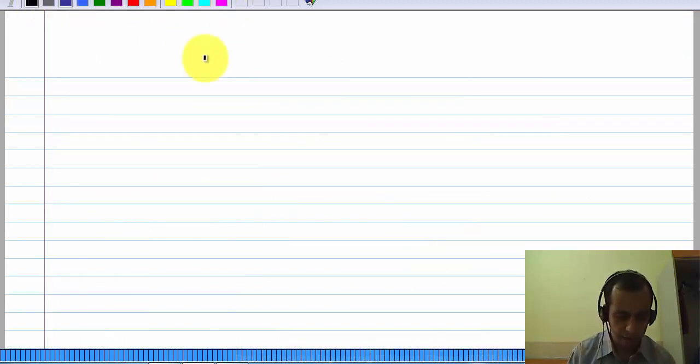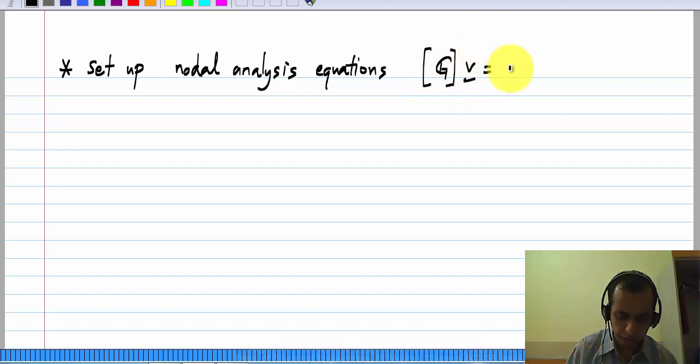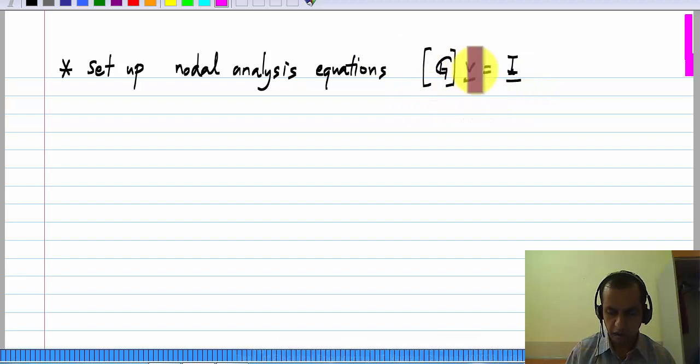So in summary, when you want to solve for every electrical variable in the circuit, you set up the equations for nodal analysis. G times V equals I, okay, where this is the vector of independent sources, this is the conductance matrix, and this is the unknown vector consisting of node voltages.